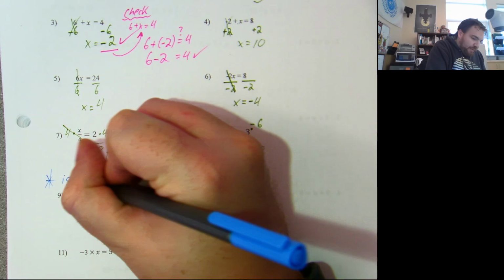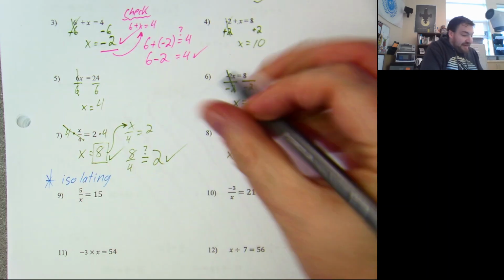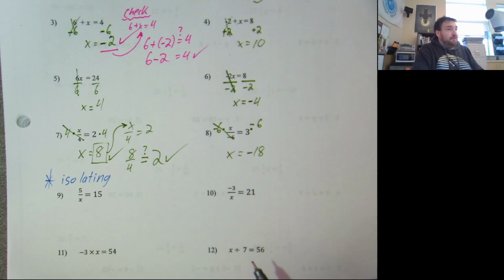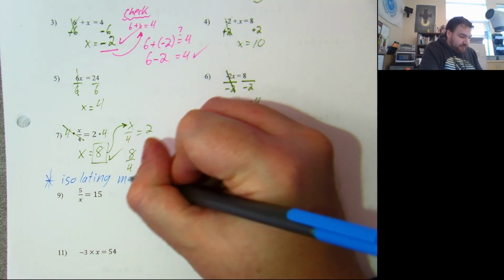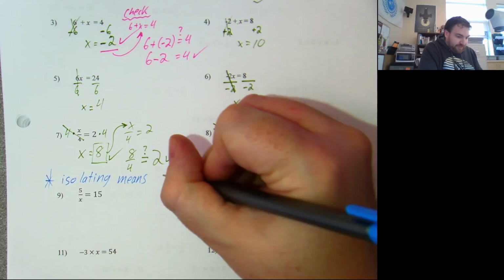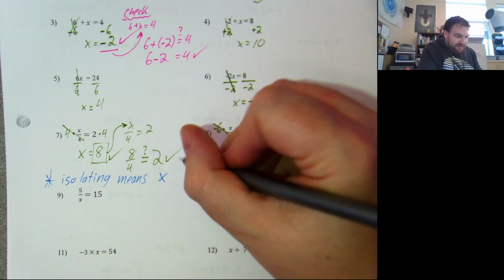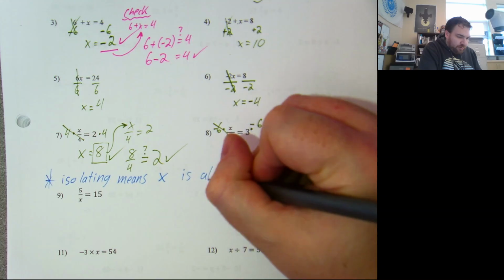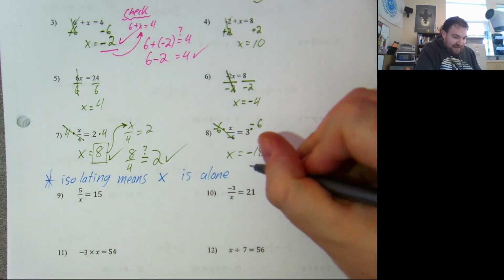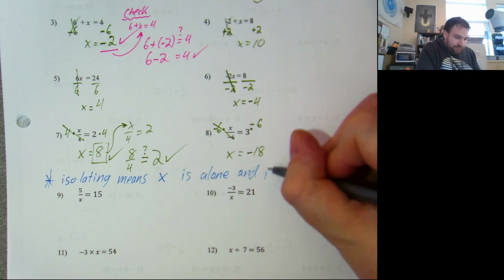I'm going to define what we mean by isolating again. Isolating a variable means x, in this case, is alone and in the numerator.